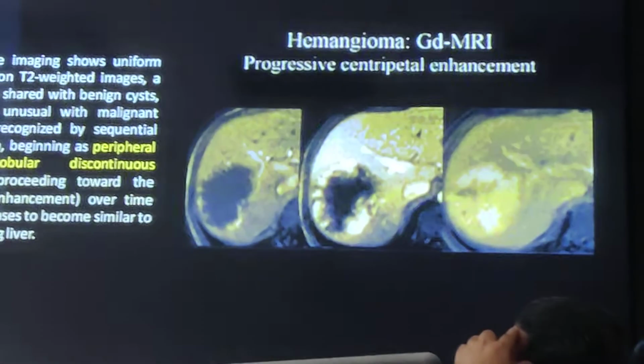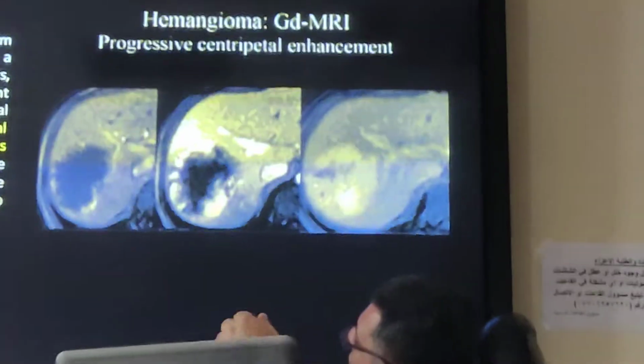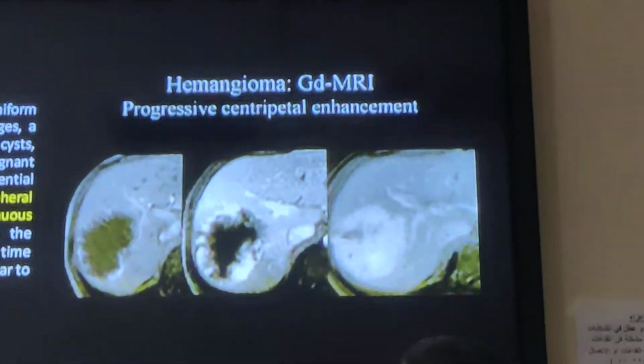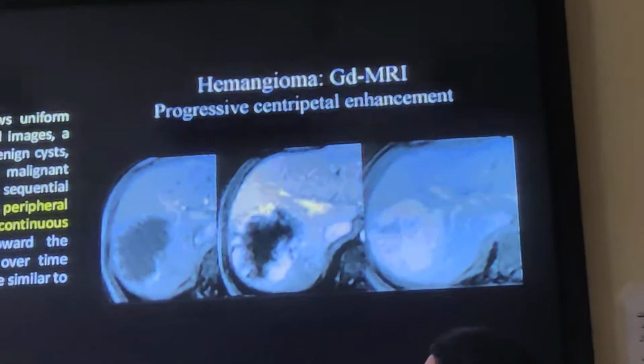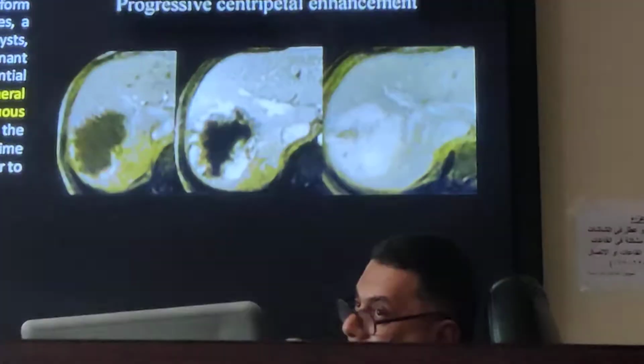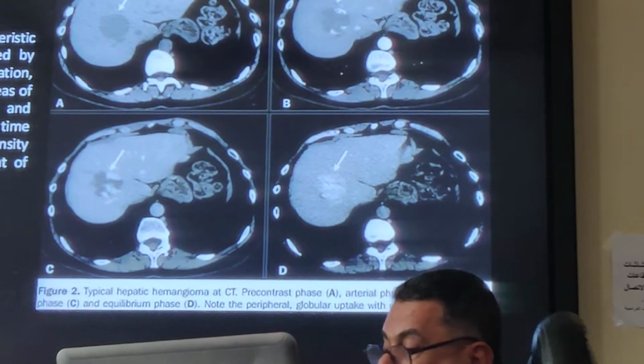Usually T1 راح نعطيه البريفرال نوديولار نعطيه الكونتراست بس البريفرال او النوديولار discontinuous والسنترال بعدين نتجه الى السنتر. اوكي. نشوف هسه بدا بالاوتر part of the hemangioma الكونتراست enhancement.